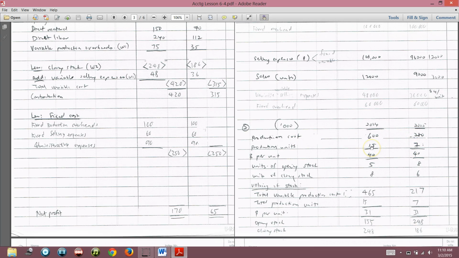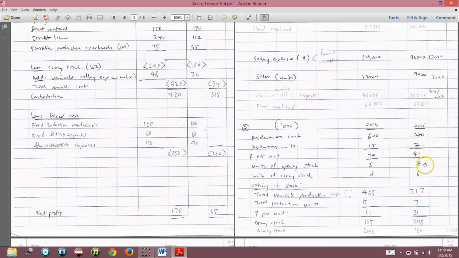So that means your stock value is 600 divided by 15, which is $40 per unit. The value of the stock is $40 per unit according to the absorption costing principle.